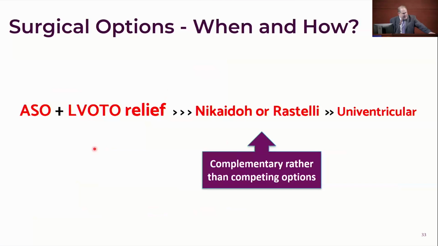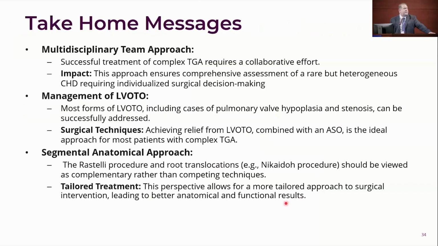And the reality is the arterial switch has an LVOT that we can relieve. That will be the option. Always consider a Nikaido or Rastelli, and for patients who don't fit a Rastelli or Nikaido, always consider a single ventricle pathway. You can do a Glenn, let it grow, and then later you can decide if they need to go to biventricular repair.